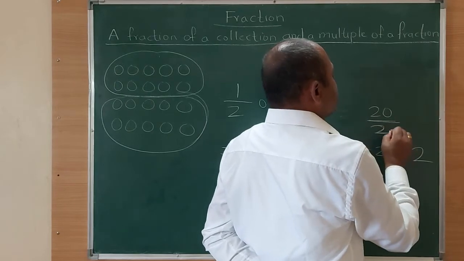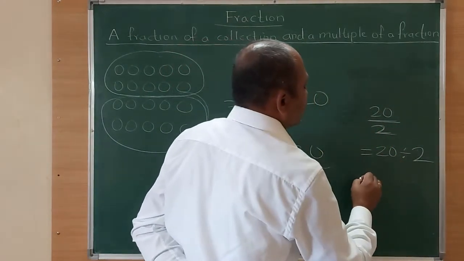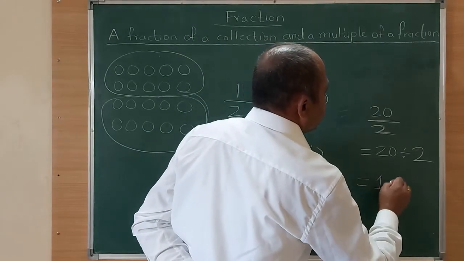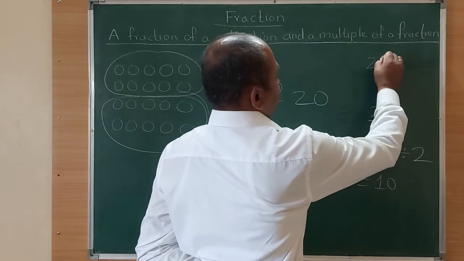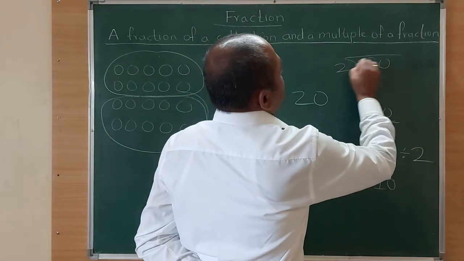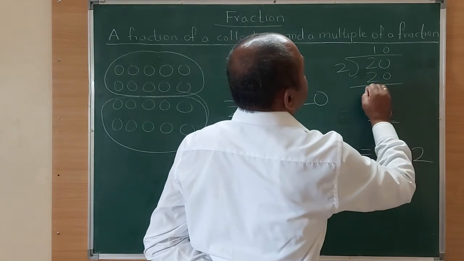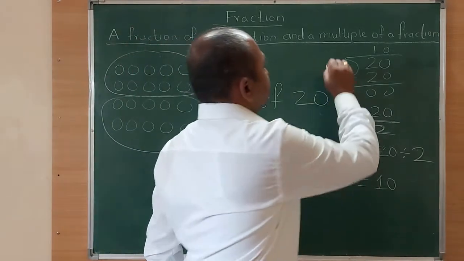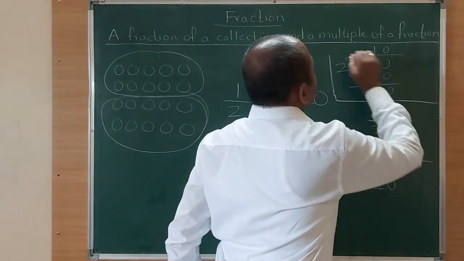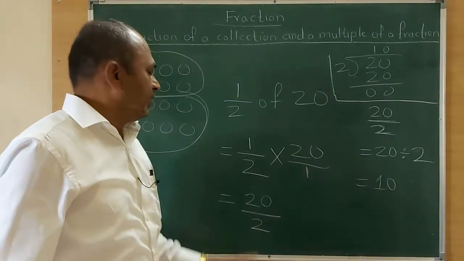The denominator is the divisor and the numerator is always the dividend. So 20 divided by 2 is 10. Easily you can do the division: 2 tens are 20. So 20 divided by 2 is 10.